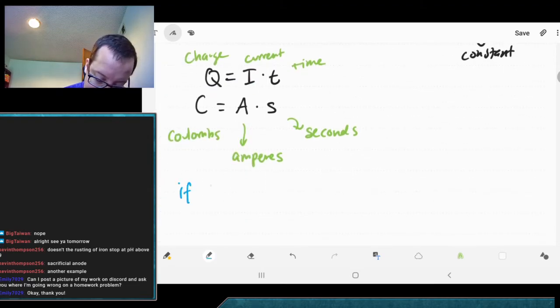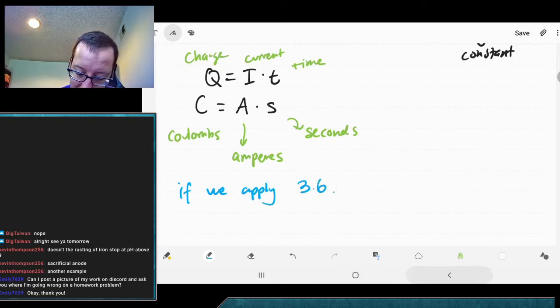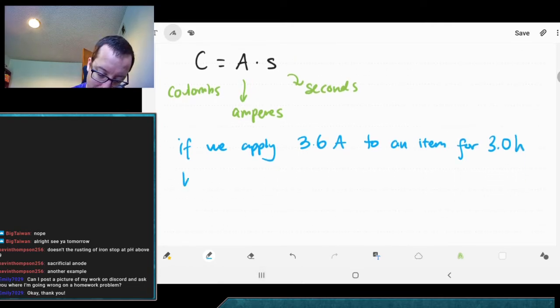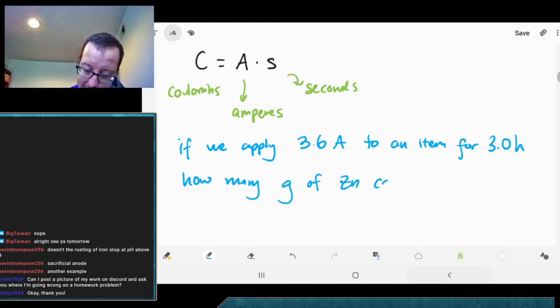If we apply, I don't know, 3.6 amps to an item for, I don't know, 3 hours. Let's see how much zinc we can plate with that.